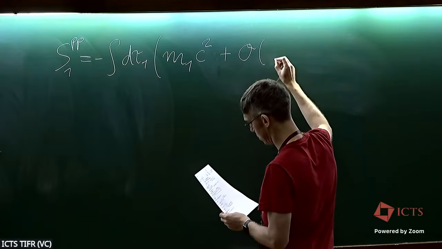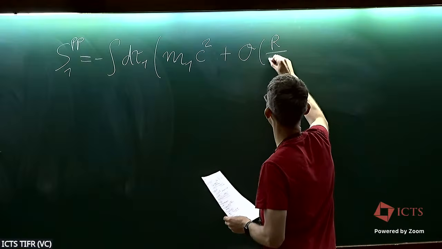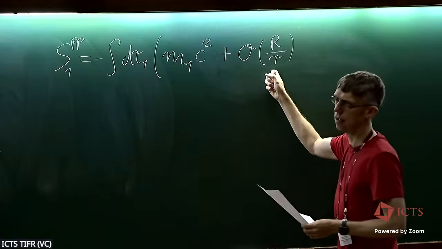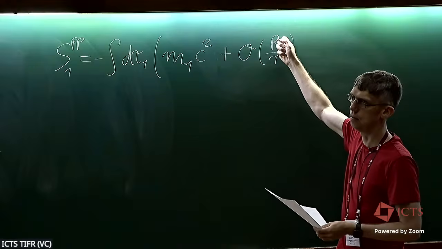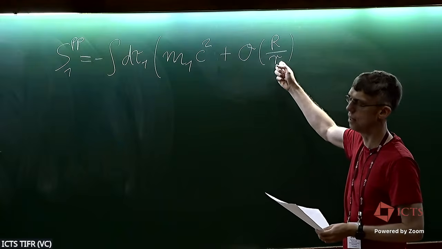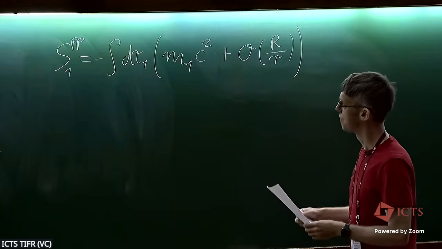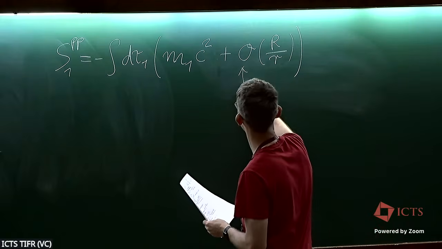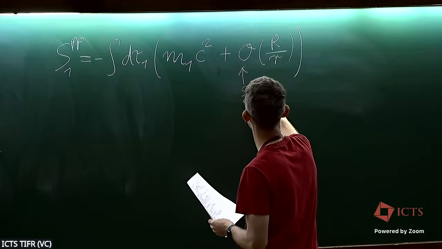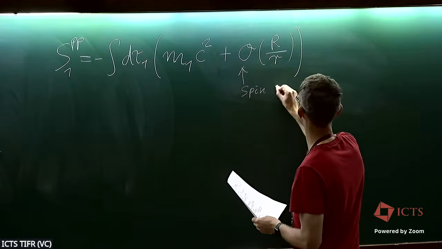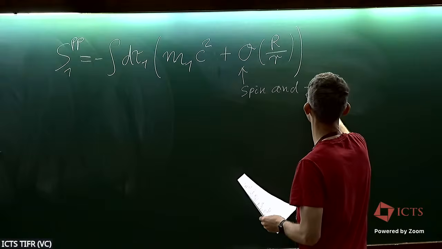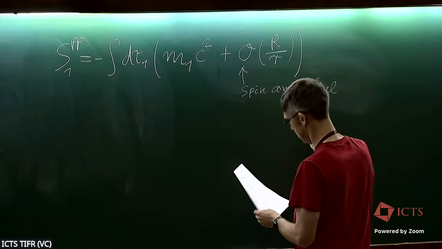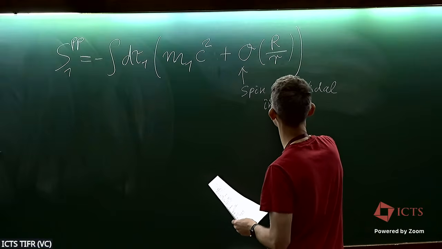And the corrections will then be of higher order in the multipolar approximation, which is the size of the body over the size of the orbit. So this will contain spin corrections and also tidal interactions.